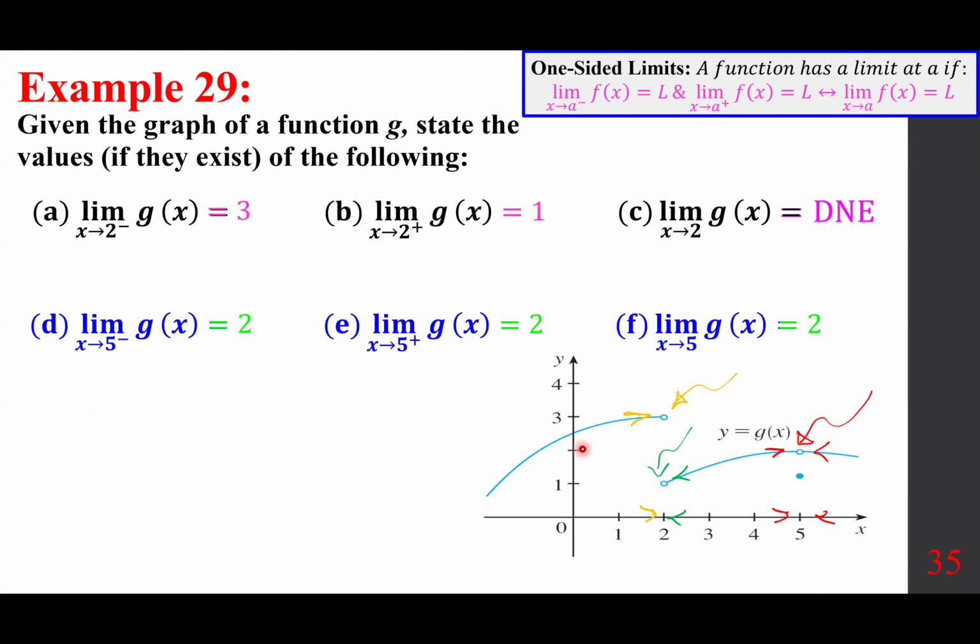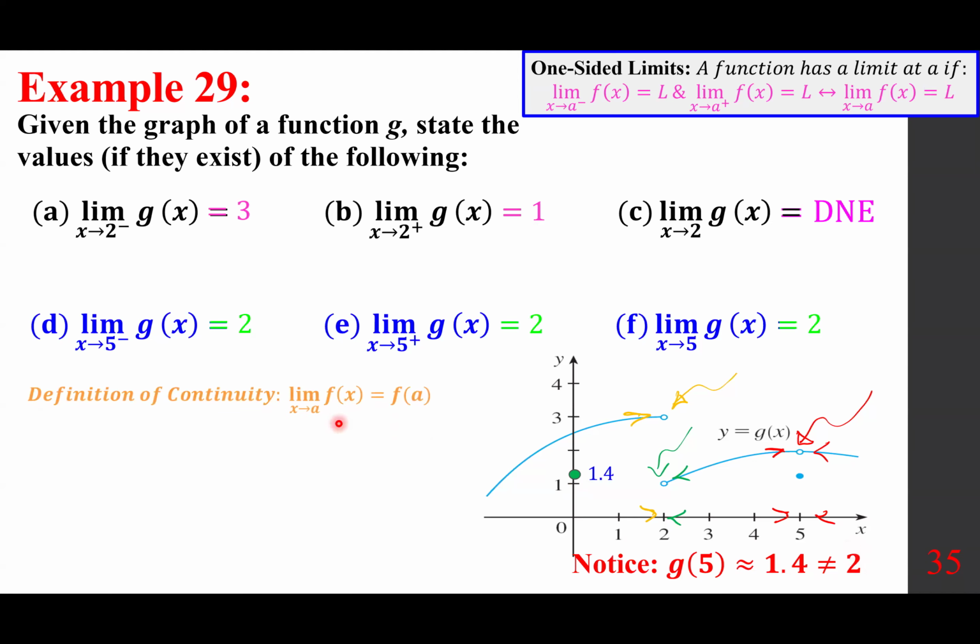Nevertheless, the function is discontinuous at 2 as well as 5. Now, notice if we assume this is 1.4, it makes g of 5 equal to 1.4. Because it's not equal to 2, then it's not continuous.